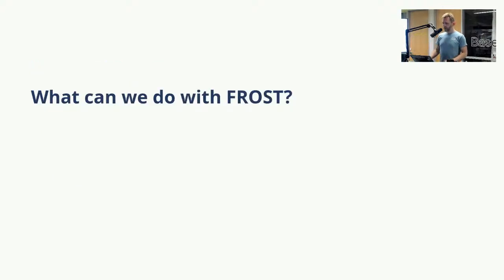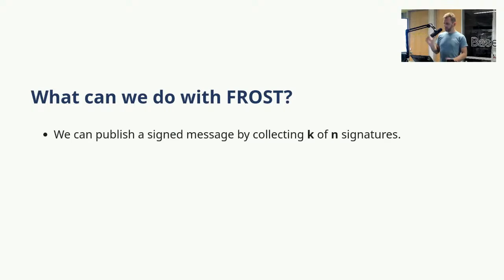So what can we do with Frost? Well, just like we were talking about, we can publish a signed message by collecting K of N signatures. We can set something up where you can have 25 people that are able to sign something, but you only need 19 of those people to actually agree to sign. That is what we typically call a threshold. It's also called a quorum.